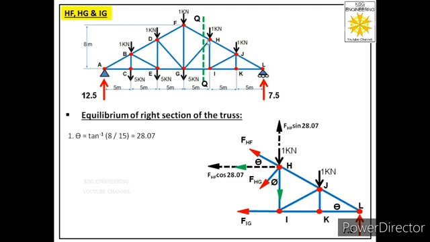Now if we will see this triangle HGI, in this triangle this angle is phi, and if we have to find this phi, then we need the values of these sides of the triangle, but we know only this side of the triangle, that is 5 meters. We don't know the length of side HI and HG.